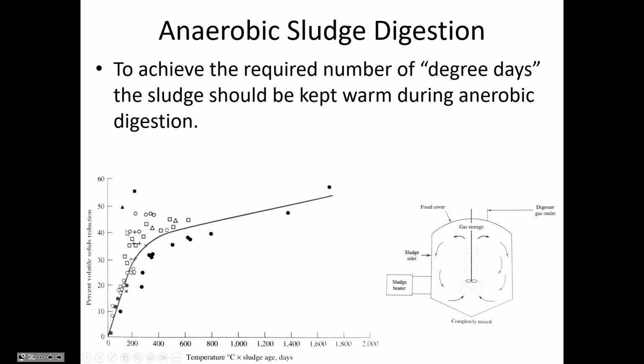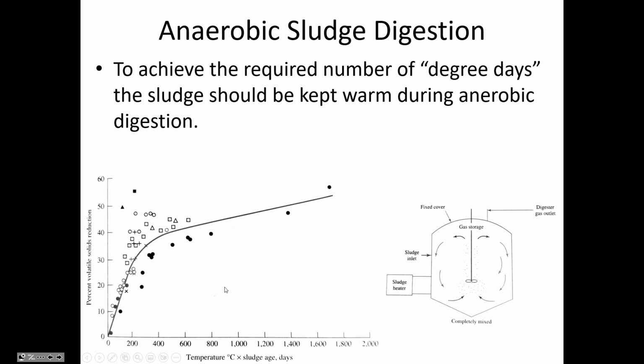And one of the ways that they perform calculations and estimations on how big the digester needs to be is the amount of time required to have a certain reduction in volatile suspended solids. And so if you look at the y-axis of this figure, it's the percent reduction of volatile solids.